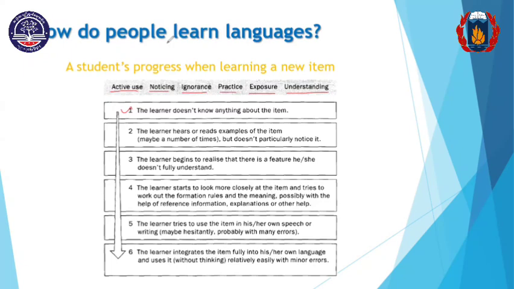What about stage 2, teacher? Exposure. Yes, teacher, exposure, because we let our learners read or listen. So listening text or reading text, we give the exposure. This one is ignorance, and this is exposure. And what about stage 3, teacher? Noticing. Yes, noticing.